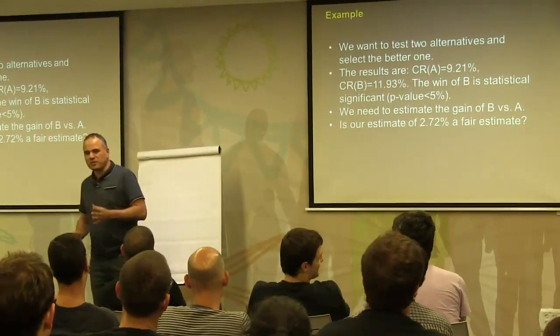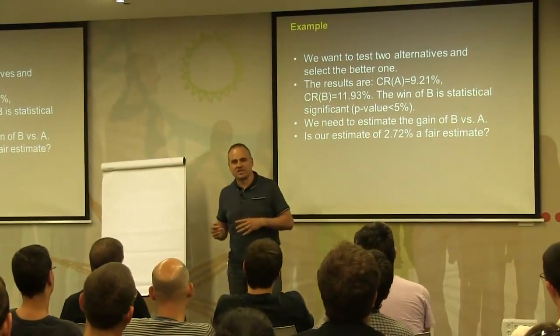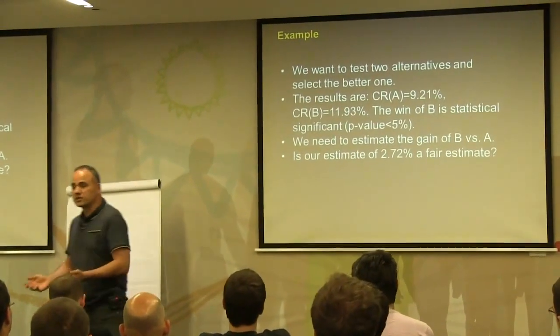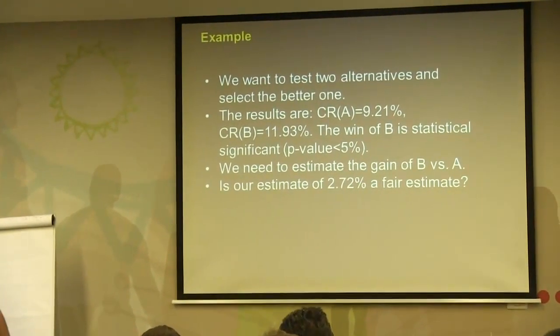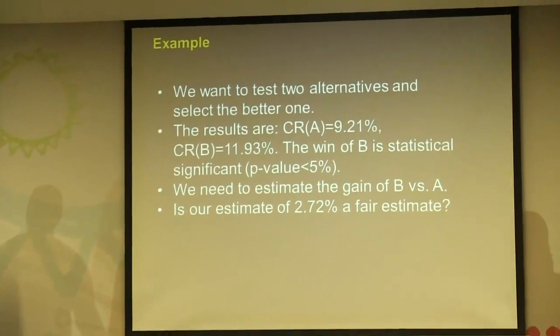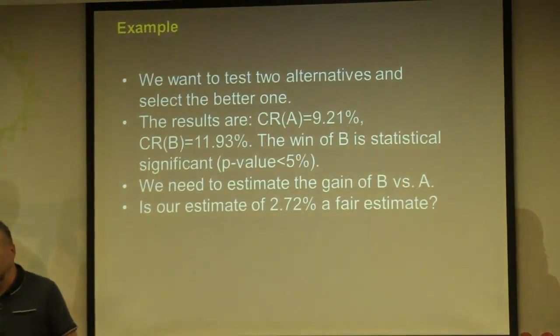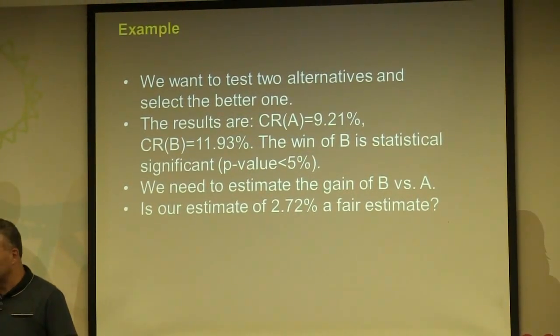And this is what I want to explain here: regression to the mean, or sometimes it is called selection bias. What are we having here? We are testing two alternatives, and the test is fair, everything is okay, all the rest is equal. I get the result, the difference is 2.72, and I believe that this is the true difference between them. But if you deploy it later, you will see that the difference is usually lower than this.